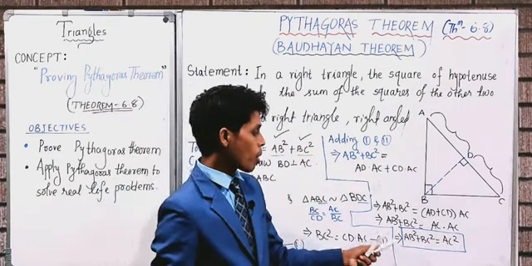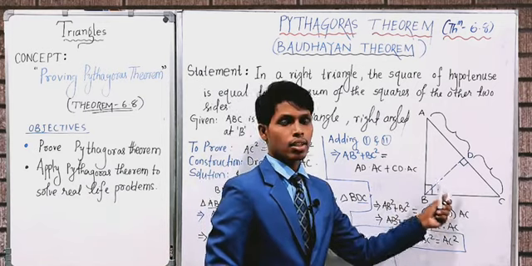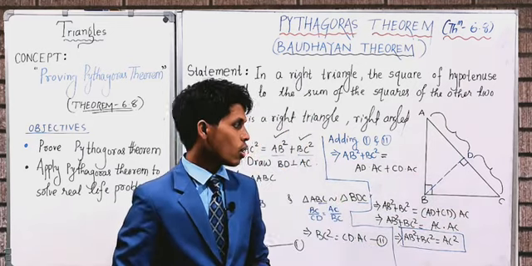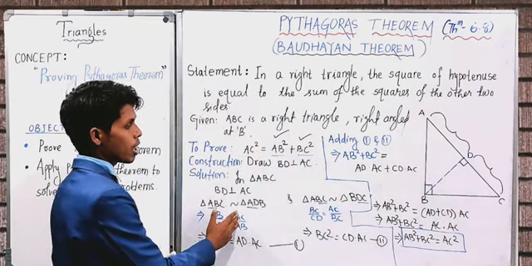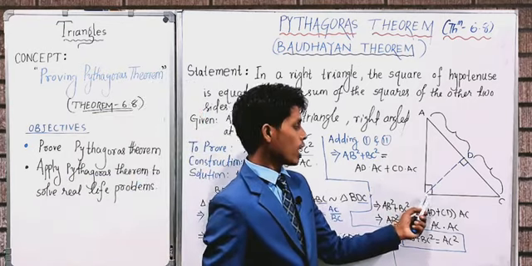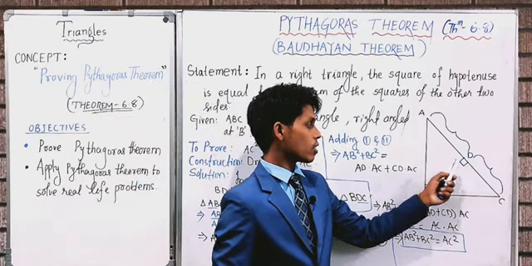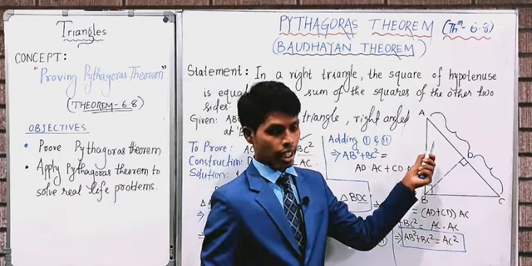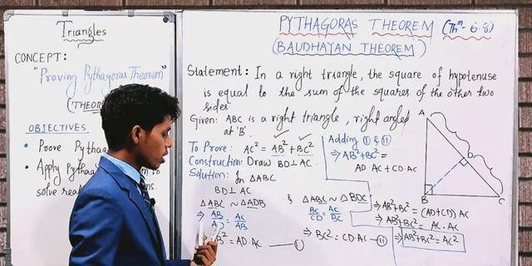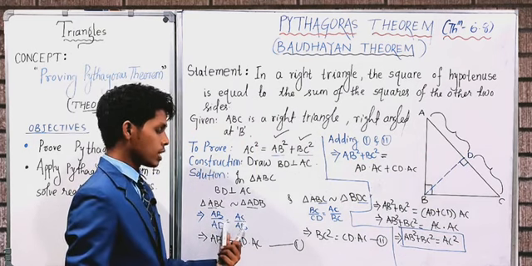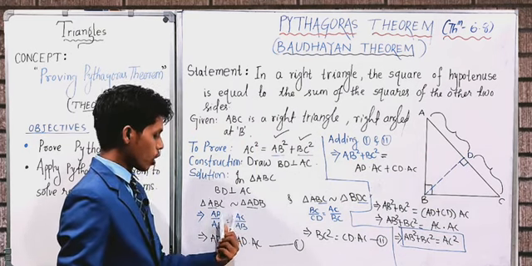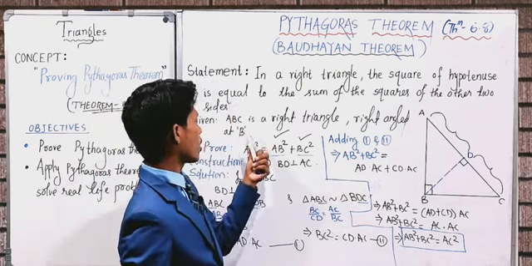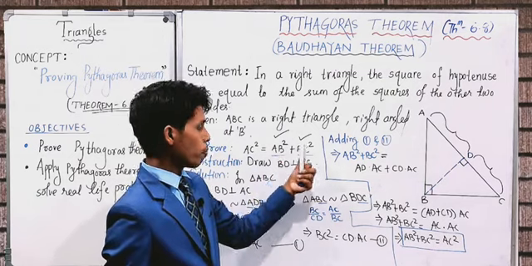That is, the sum of the squares of the two shorter legs or two shorter sides is always equal to the square of the hypotenuse. Understood? So here we used theorem 6.7, that if perpendicular is drawn from the right angle of a right triangle, the triangles formed on both sides of the perpendicular are similar to the whole triangle, and from there we got the required ratio of the sides, and then we just cross multiplied them, then we added both equations to get the left hand side of our equation same as the part to prove.